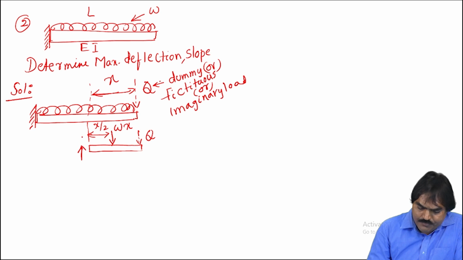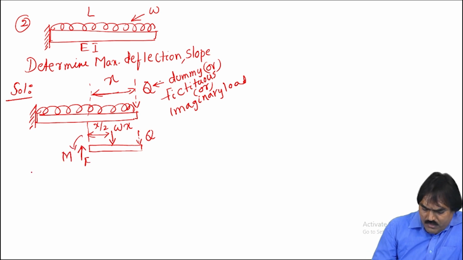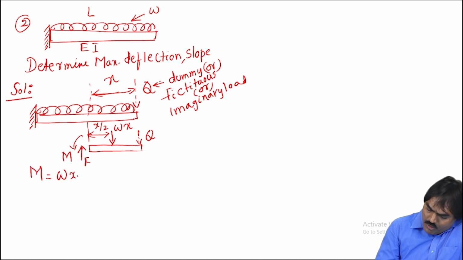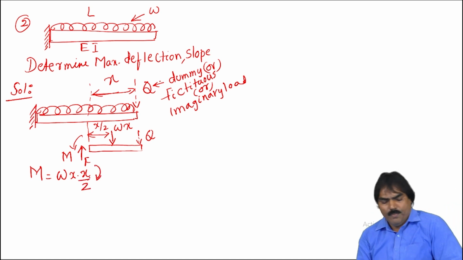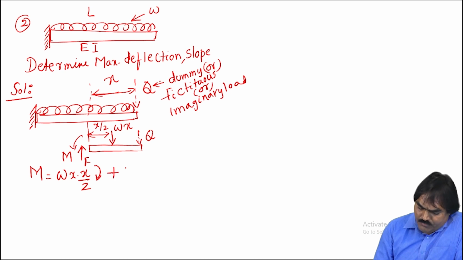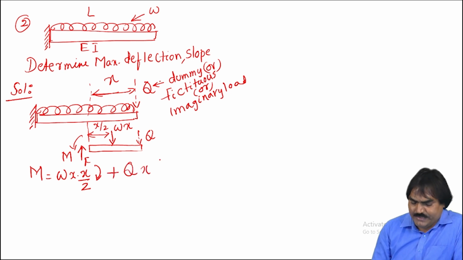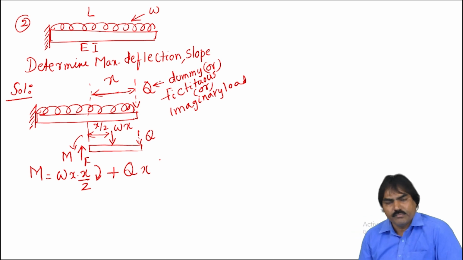Now here we'll have a shear force and a bending moment. What is the bending moment here? The bending moment is Wx into x by 2 because of the UDL, which is clockwise, plus Q into x.